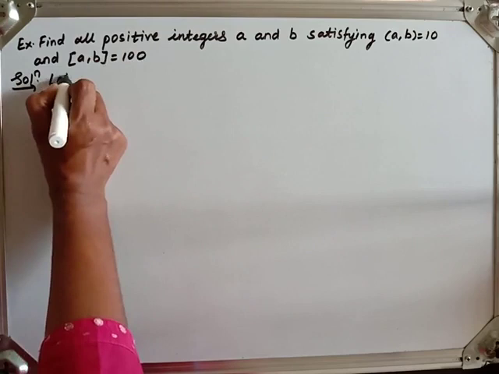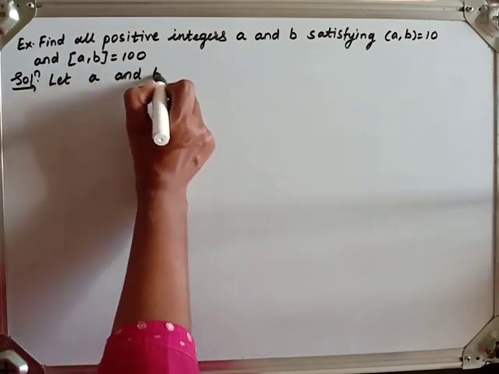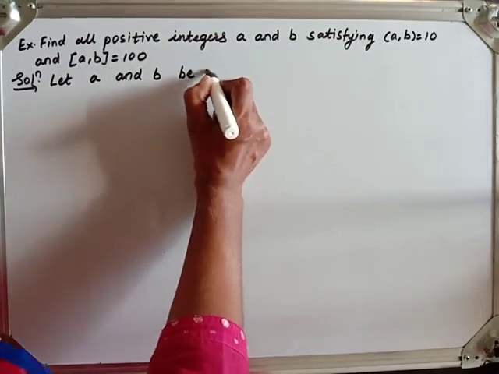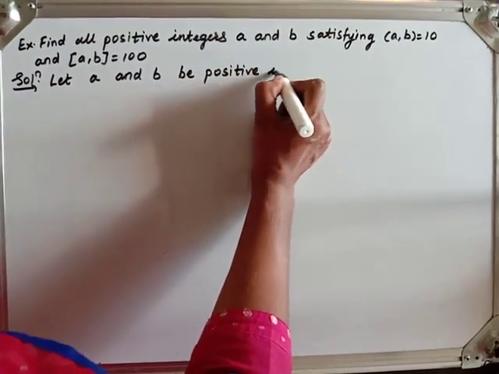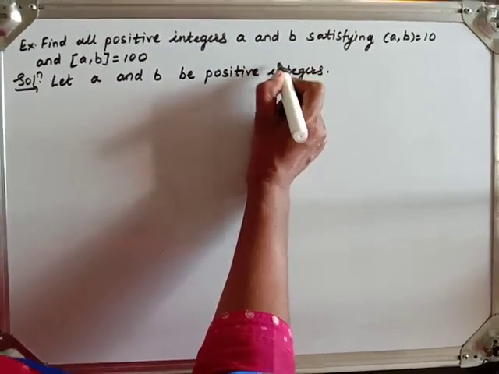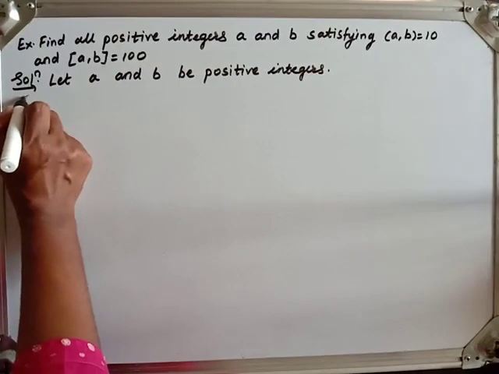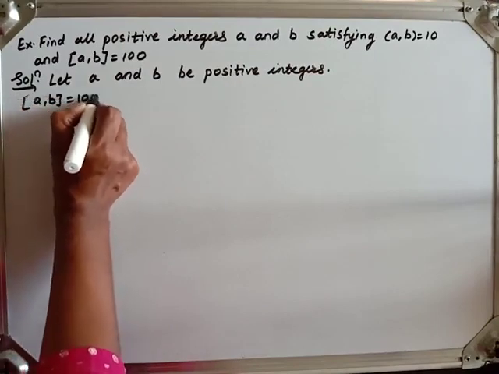Let A and B be positive integers. What is given? The LCM of them is 100.